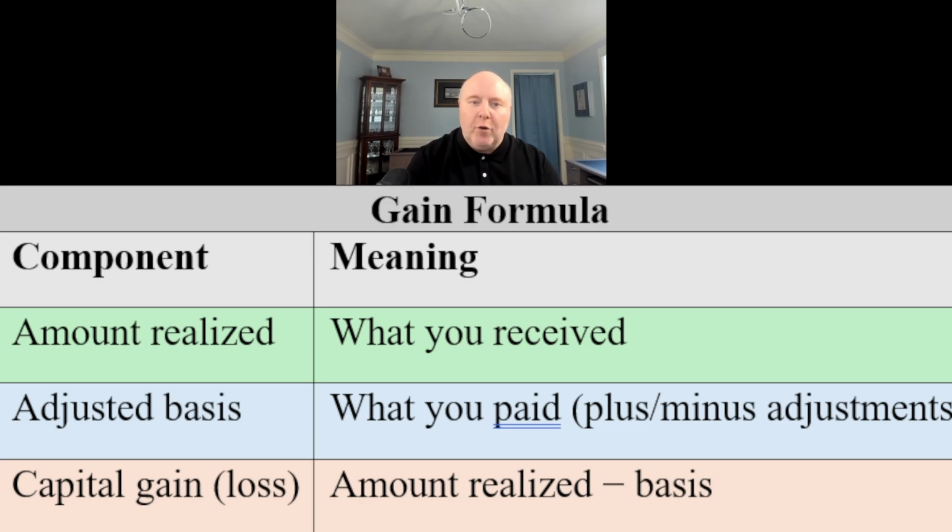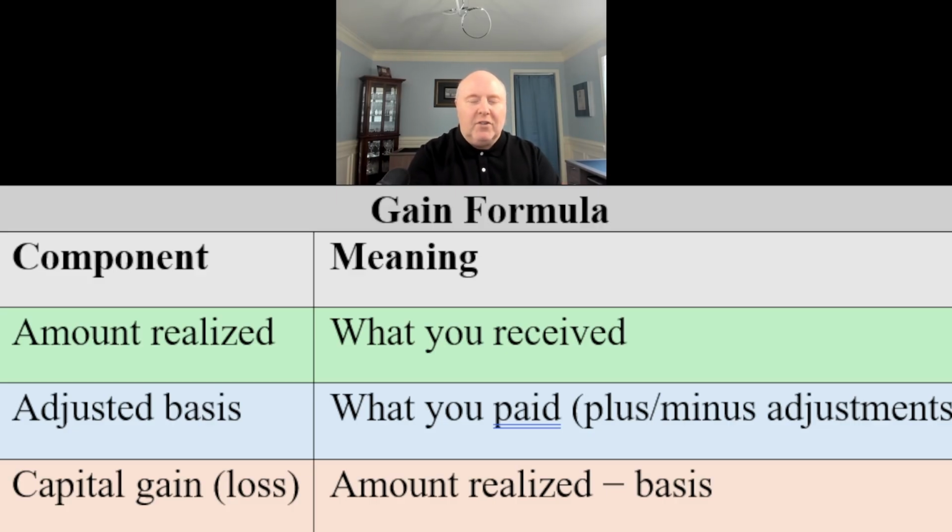And the beginning part of the formula is, well, what did we realize upon the sale? So how much did we get? Now, it could be something as simple as you have a $200,000 house, you sold it for $250,000. The amount that you realize is going to be $250,000 because it's what you're actually going to be receiving there. However, it's not always as easy as looking at the amount that you actually received. Because there are going to be different types of things where it could be debt forgiveness.